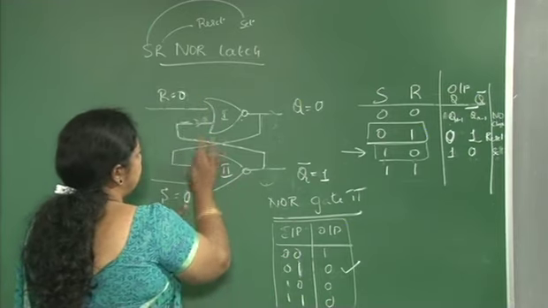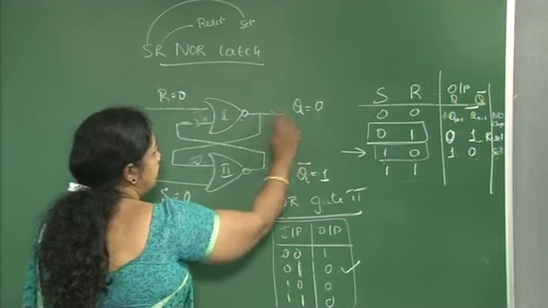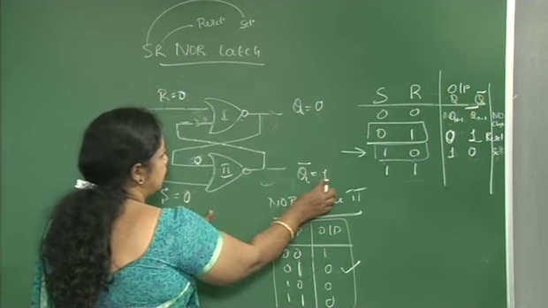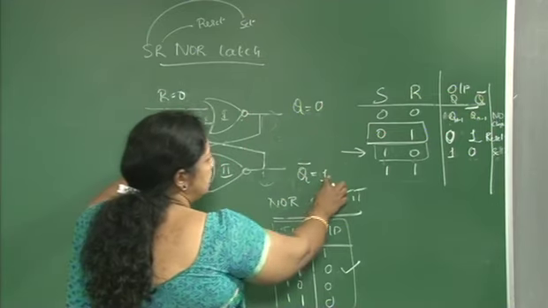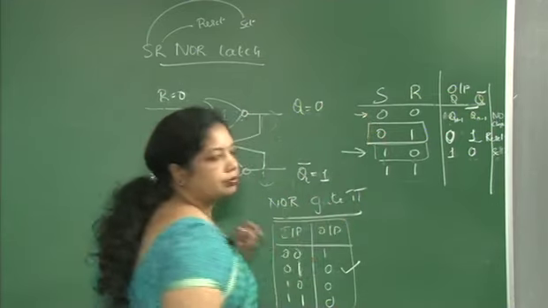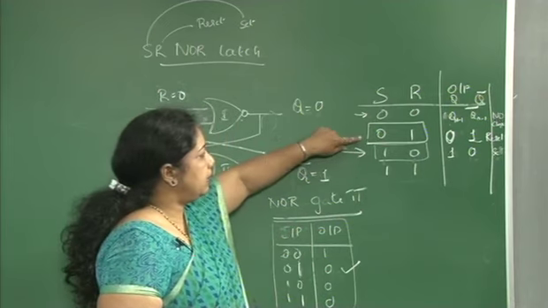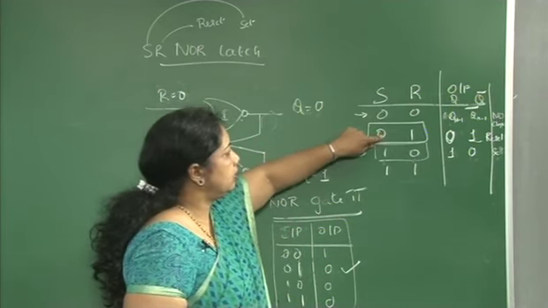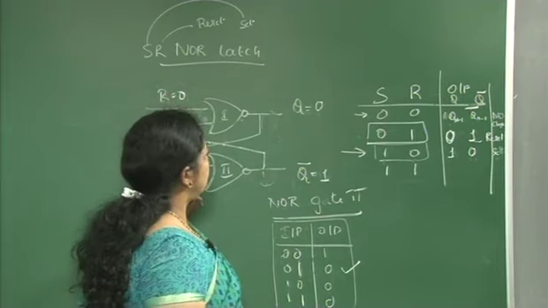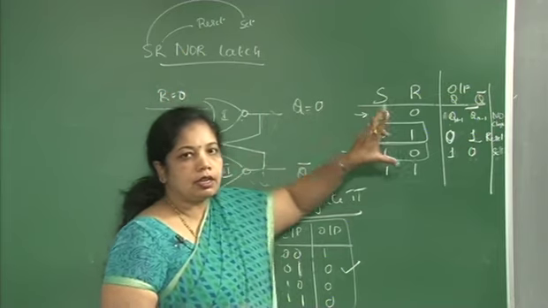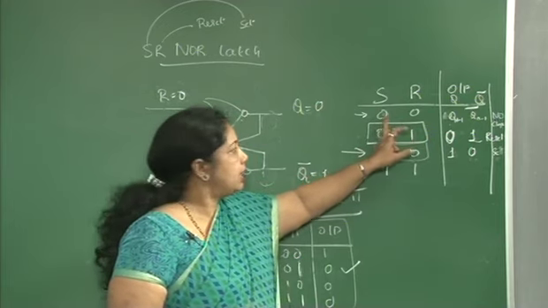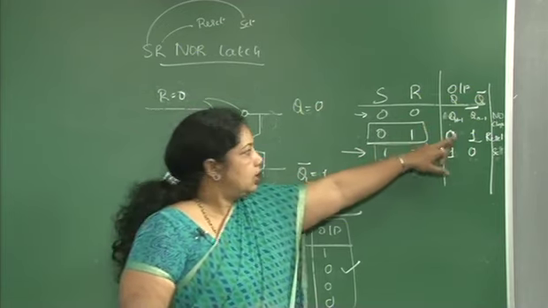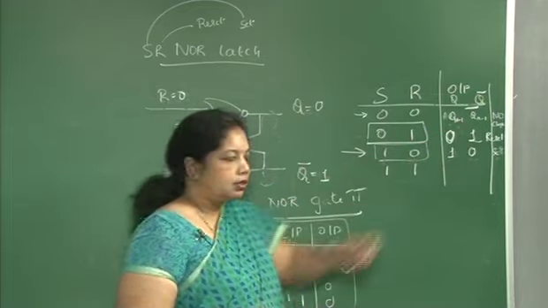My output is 0 here, 0 and 0 is 1. So it is once again no change. Even though I applied 0 1, when I make this 0 0, whatever the previous condition has been stored is retained when I make my inputs 0 0. That is called the no change condition.